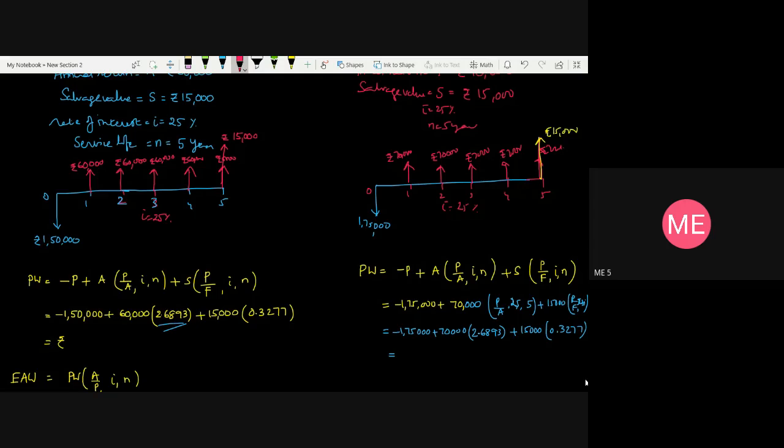So simplify this and find out the present worth. This is the present worth of alternative 2 from the equation.